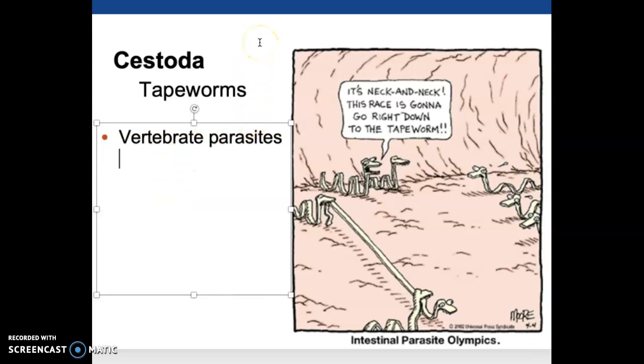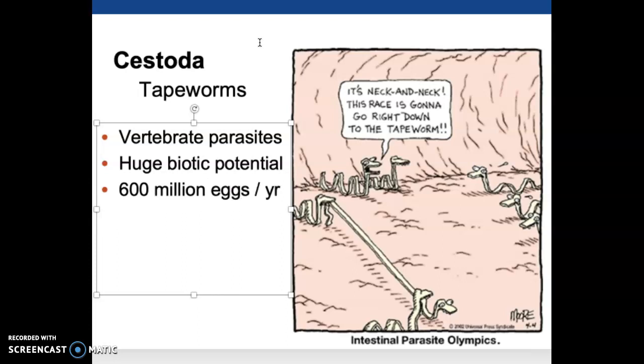Okay, so all sorts of interesting features and characteristics that they use to make them successful. Huge biotic potential. When we look at eggs, an adult can produce about 600 million eggs in a given year. That is massive, massive biotic potential.